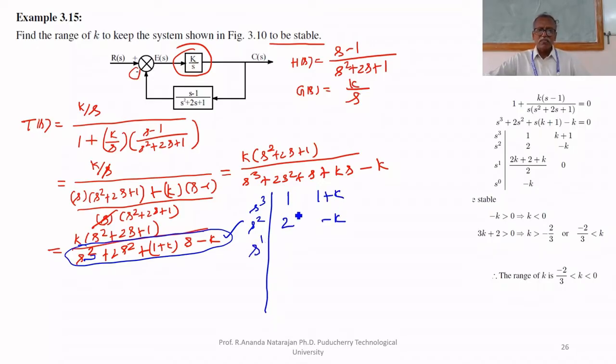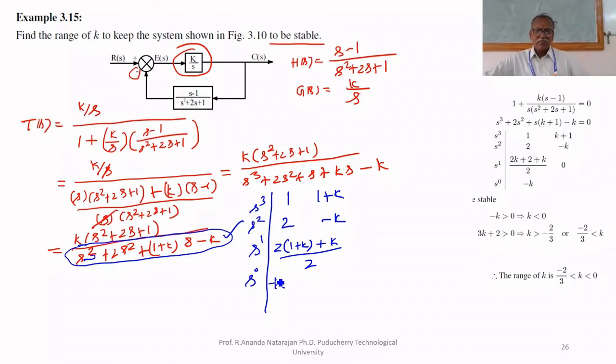S power 1 is [2(1 + k) - (-k)] divided by 2, and s power 0 is -k.